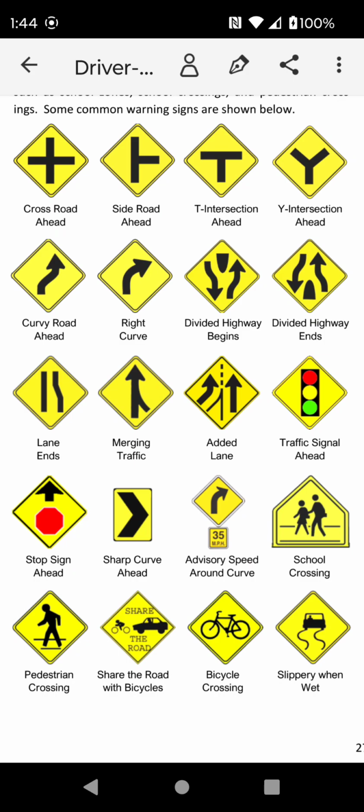Right here, you've got your cross road ahead, side road ahead, T intersection ahead, Y intersection ahead, curvy road ahead, right curve ahead, divided highway begins and divided highway ends, lane ends, merging traffic, added lane, traffic signal ahead, stop sign ahead, sharp curve ahead, advisory speed around curve.